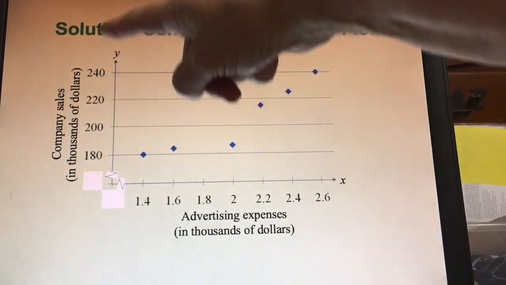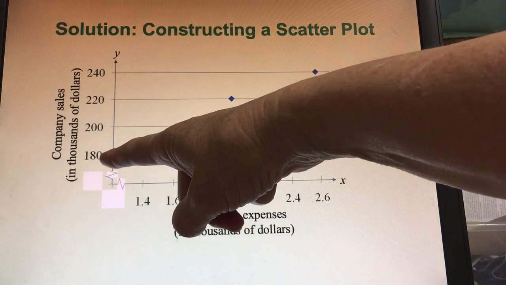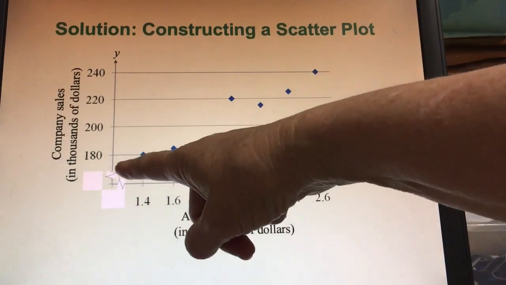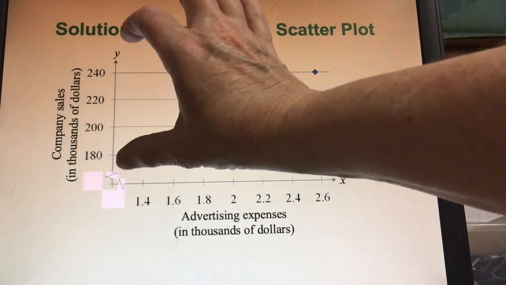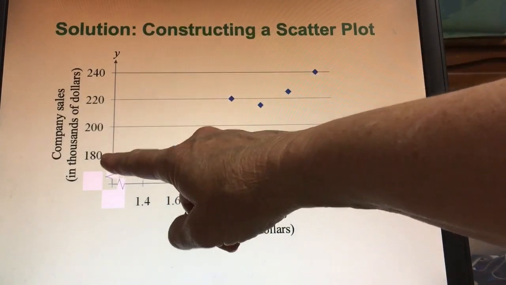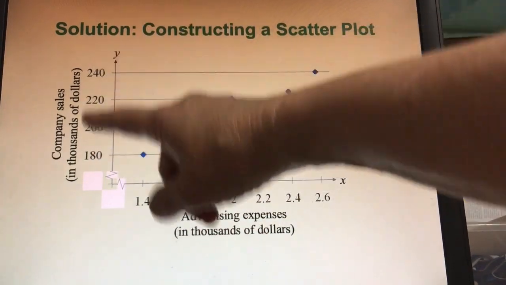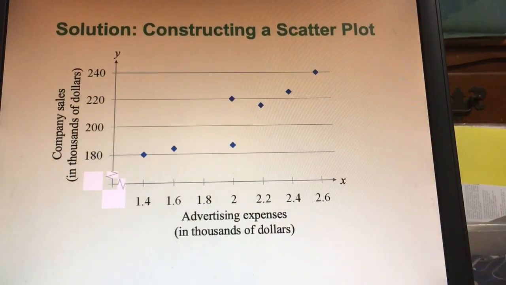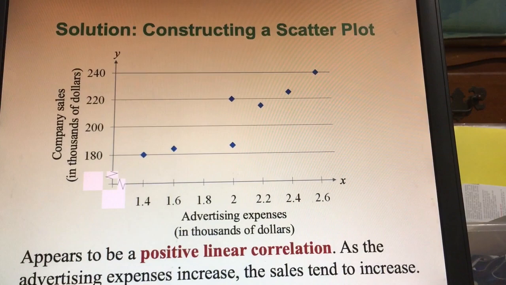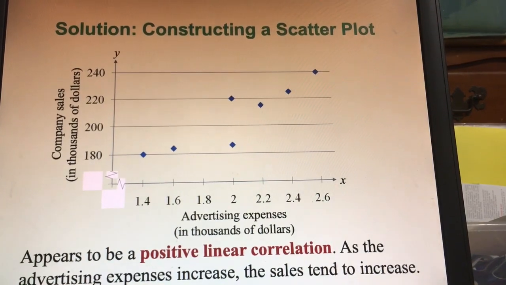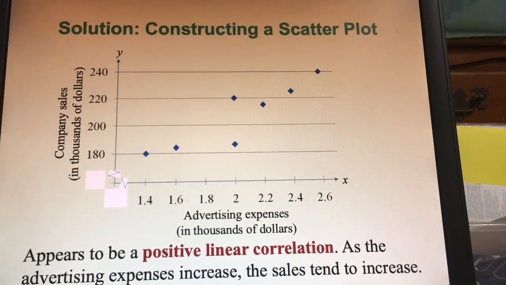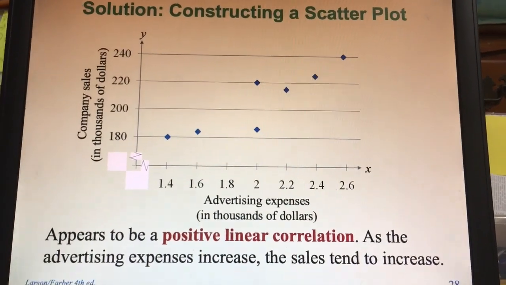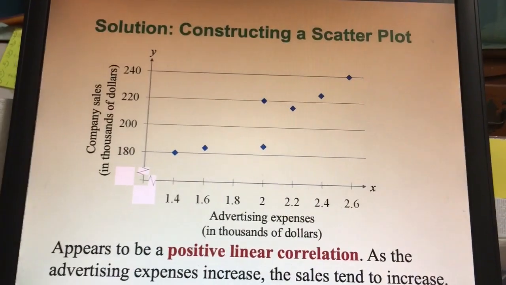Also, on the y-axis, our data started at 180, and that would be very tedious to have all this data shoved up because we're doing 20 steps in between, and so they make a little broken graph here to show that. So you need to be able to make a scatter plot. There appears to be a positive linear correlation. As the advertising expenses increase, the sales tend to increase also.